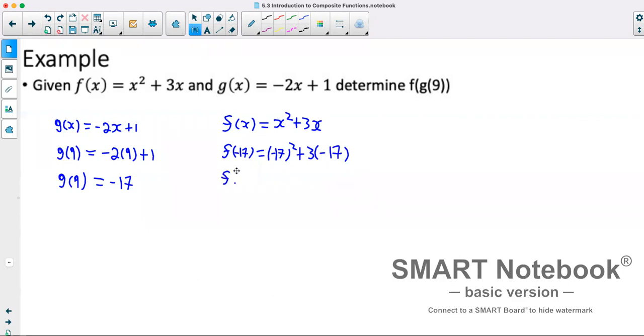And that gives us f of negative 17 is 238. So overall, f of g of 9 is equal to 238.